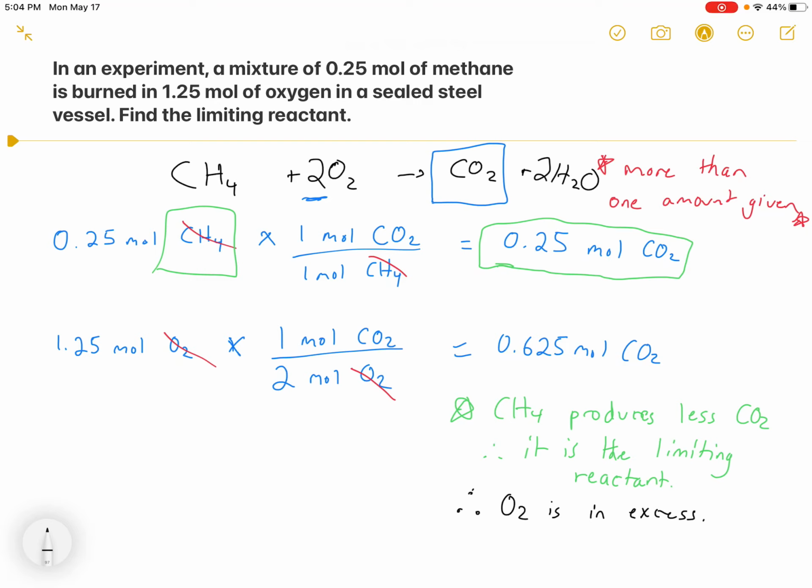Once you determine what reactant is limiting, then you determine how many moles of the other products are made, and from there you're just performing stoichiometry to determine how much product would be formed. So I would leave that up to you because we've already seen plenty of examples of stoichiometry.